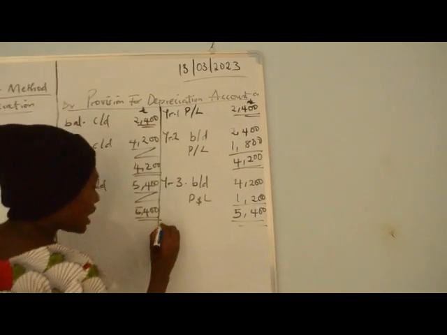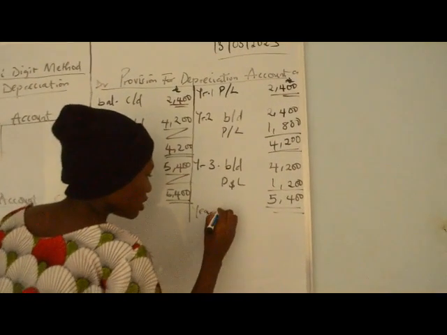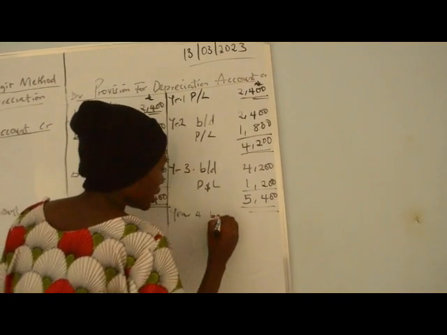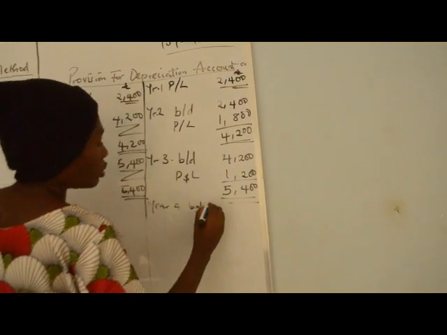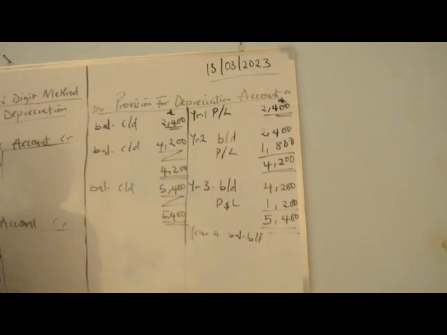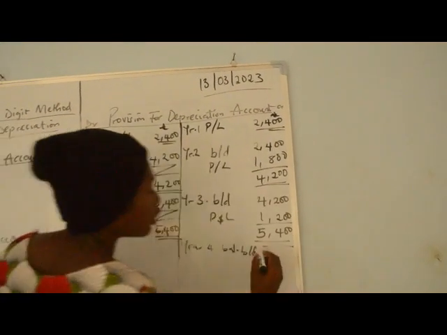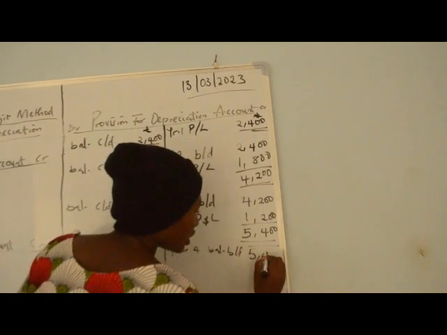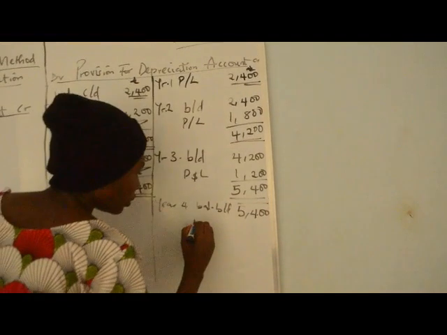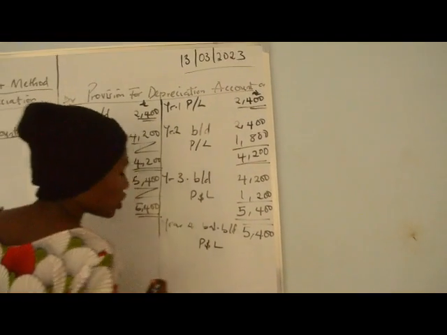And now for our last year, we have our balance brought down from the previous year. Our balance brought down is 5,400, and we'll be adding profit and loss for that year, which is 600 naira.